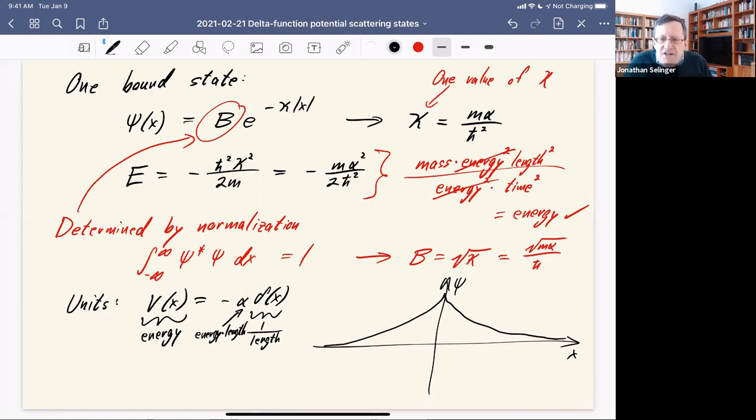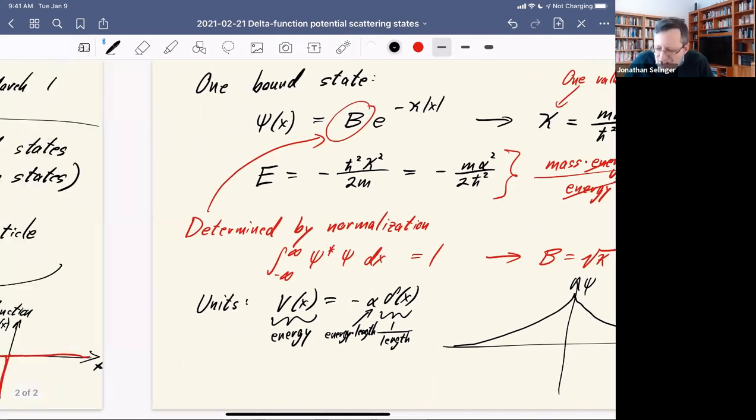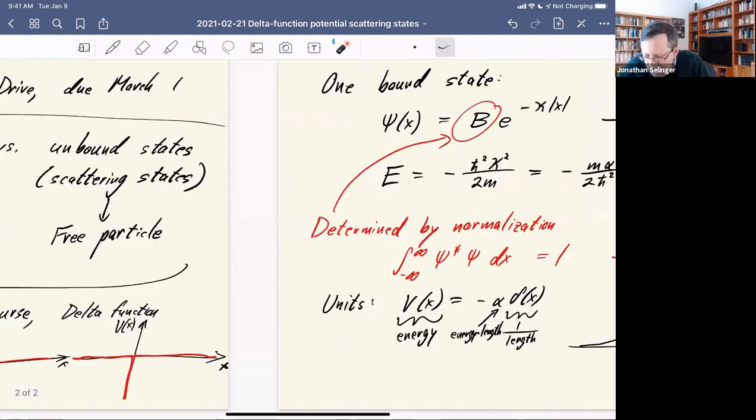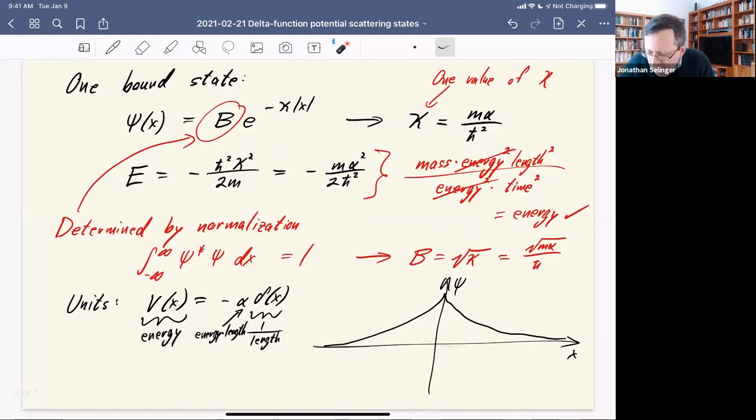Okay, so that doesn't mean the particle is stuck in the hole, because the hole has no width, right? This is a delta function potential, right? It's right here with no width. So the particle can't be in there, but the particle has to be close to there. It has to be near x equals 0, and it cannot get too far away.